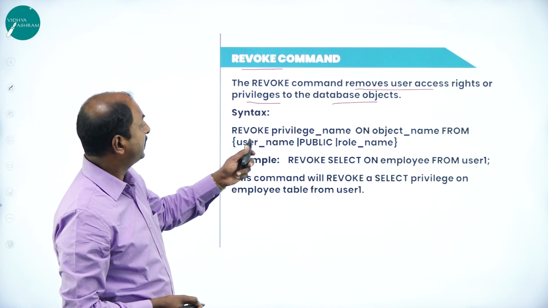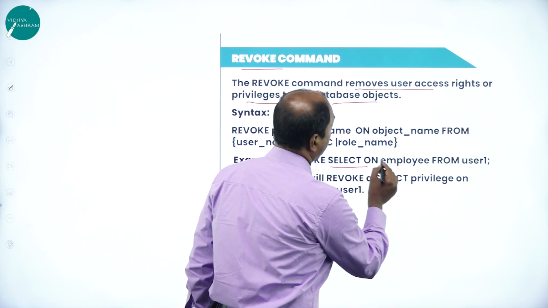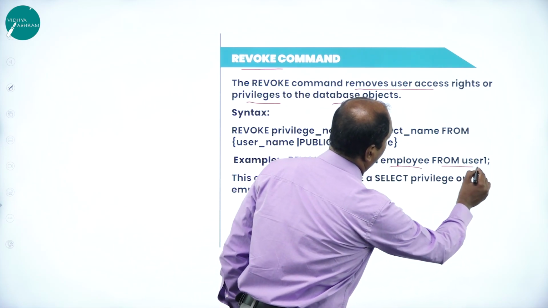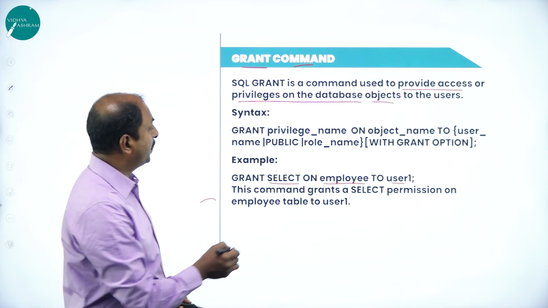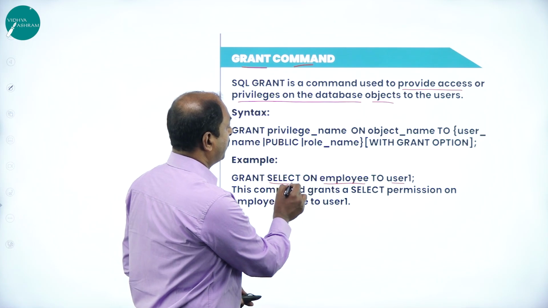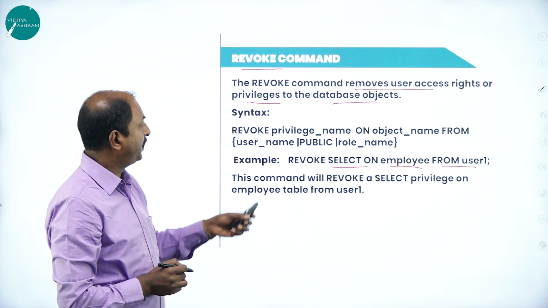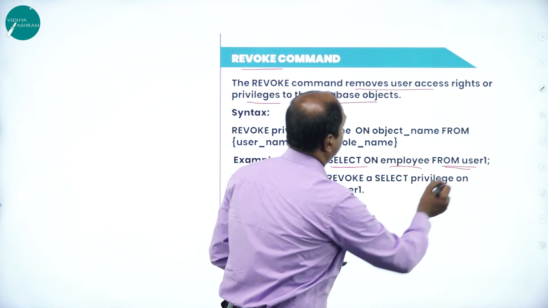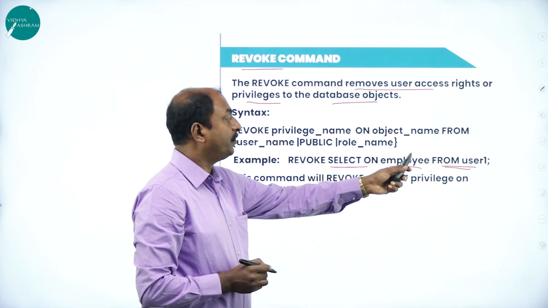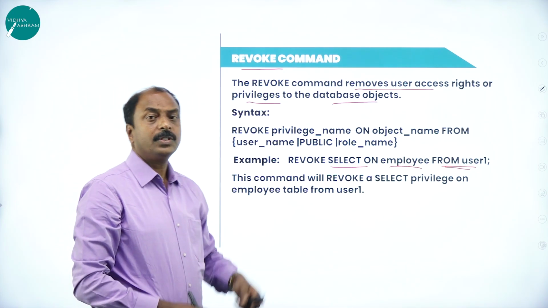Look at the syntax and example: revoke select on employee from user1. If you look at the previous slide, with the help of the grant command we gave select privileges to user1. Now with the help of the revoke command, we are going to take out that select permission on the table employee from user1. So this is the revoke command.